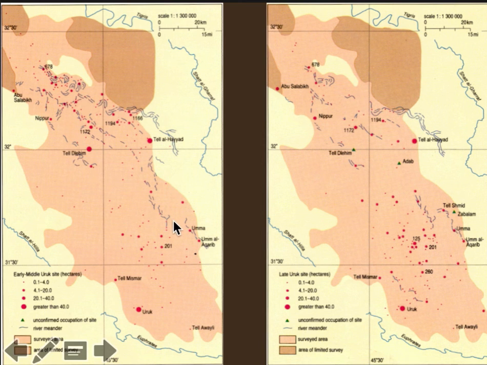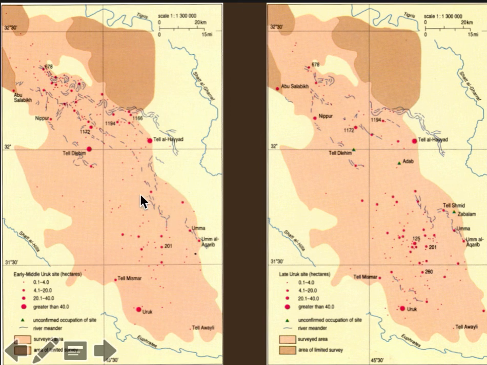Now, what about the size of the sites? The size of the sites are increasing through time. So just from survey data alone, measuring the size of the site, using the pottery to identify the time period, what we know is during the rise of civilization in Mesopotamia, small sites were disappearing and sites were getting larger.